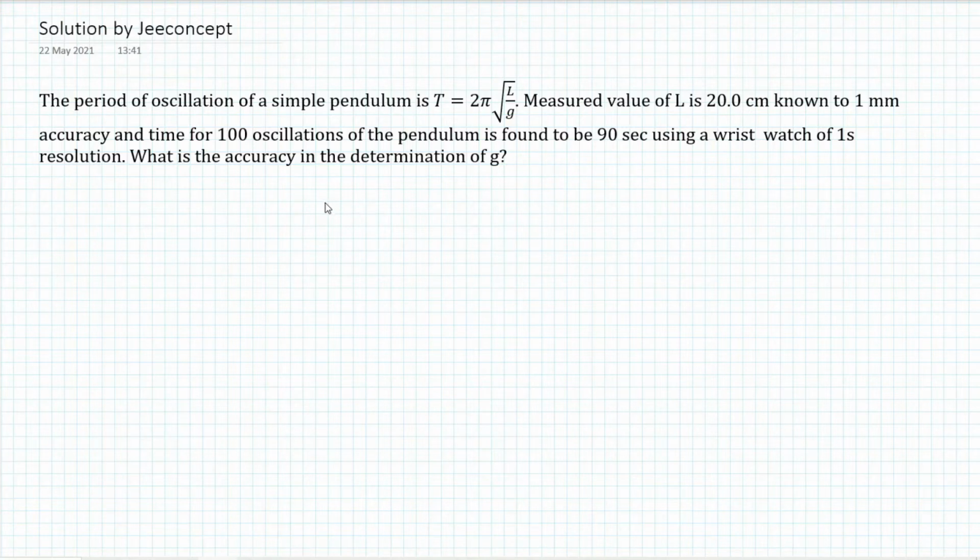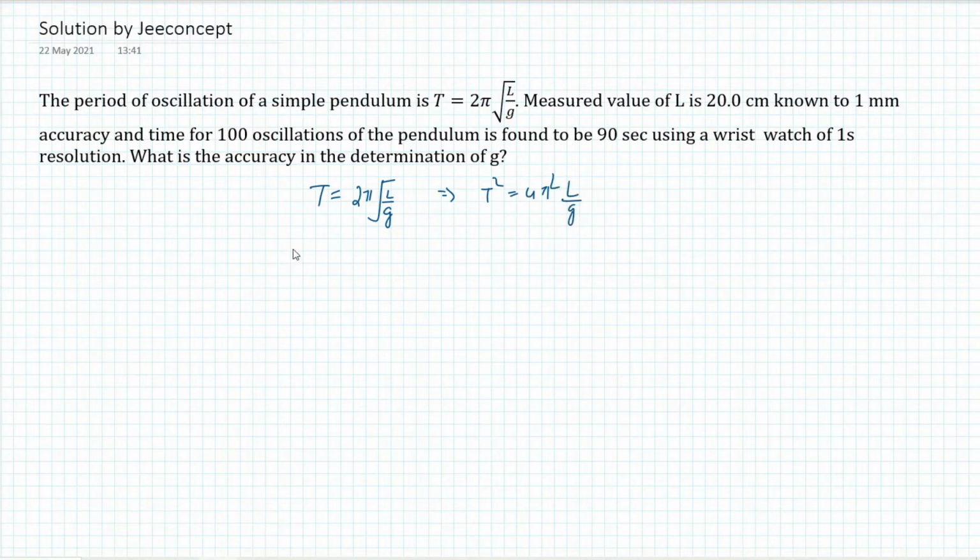So we have to find the percentage error in g. We'll start from the given formula, T is 2 pi under root L by g. So we have to find the error in g. I am just squaring both sides, so this will become T square is equal to 4 pi square L by g.